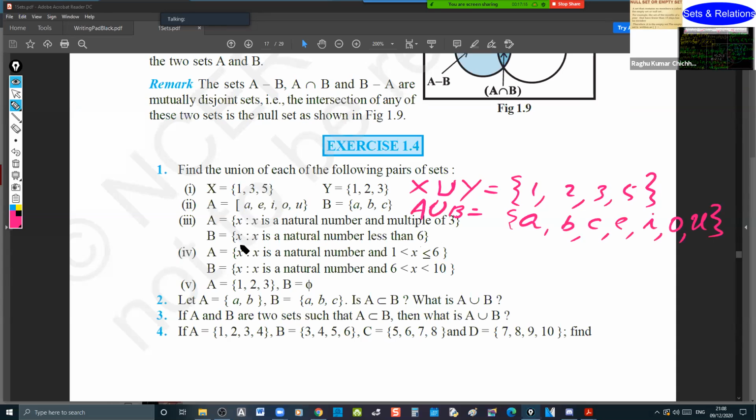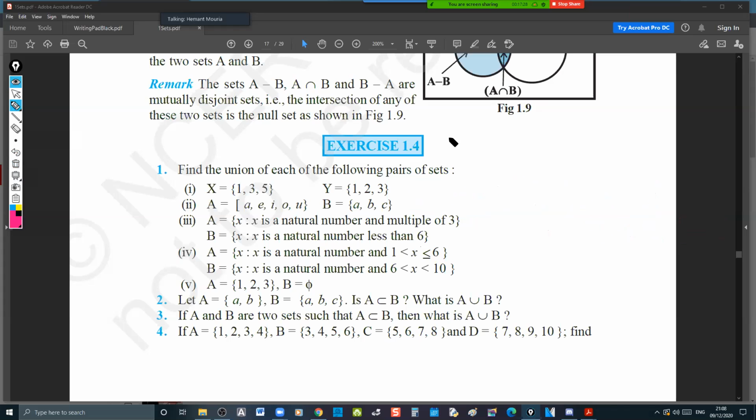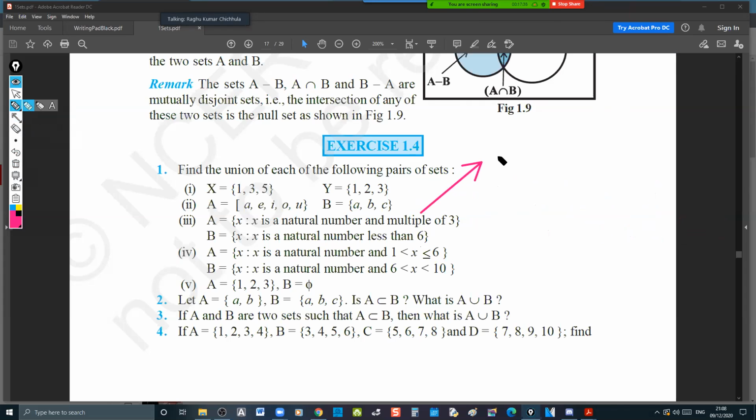Now, A is equal to x such that x is a natural number and multiple of 3. B is equal to x such that x is a natural number less than 6. For your better understanding, let me write A in the listing, what I mean to say by the roster method.